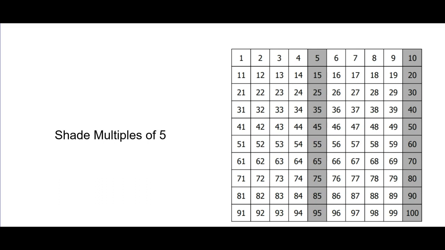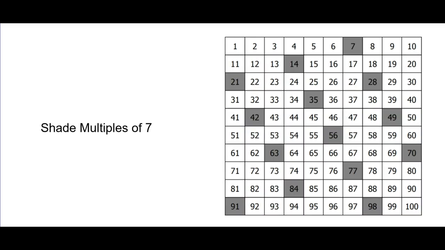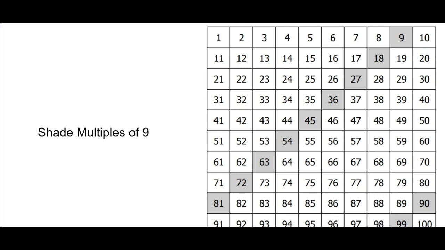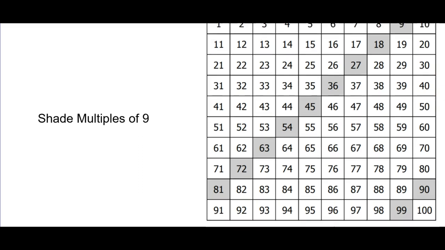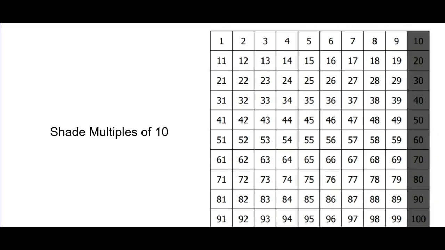Here's multiples of 5 shaded, multiples of 6, multiples of 7, patterns a little less organized there, multiples of 8, multiples of 9, and then last here, multiples of 10.